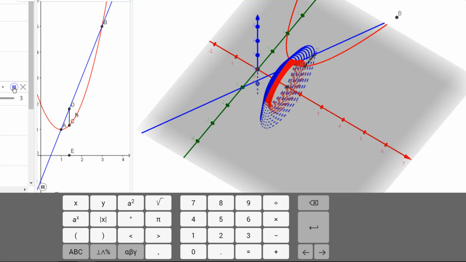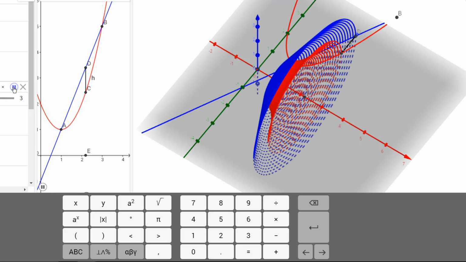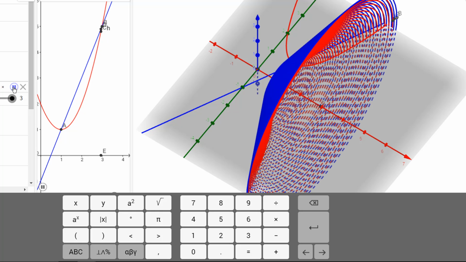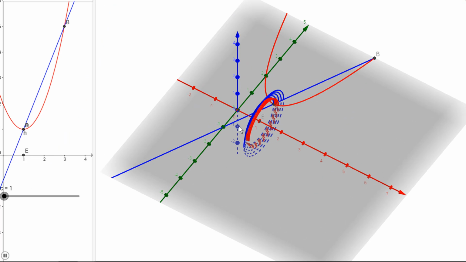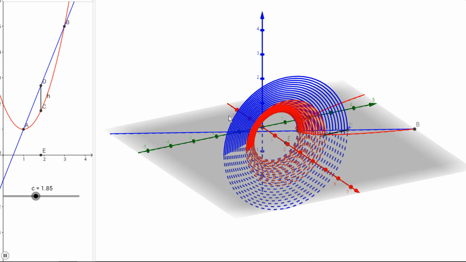Now let's try and build this. As it's traveling along, let's see what shape this actually makes. What we're doing here is tracing the two radii as we go along, to see what shape it makes. The outer, the blue here, made a cone with a hole in the middle, and the inner red is also making a cone but curvy.